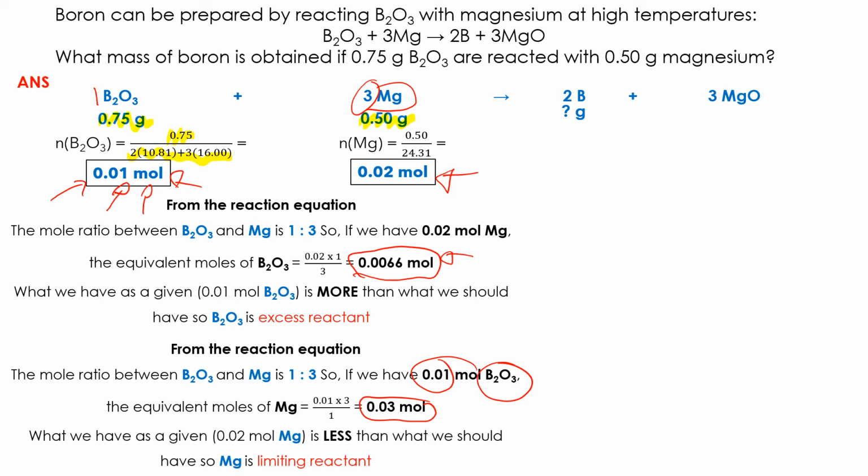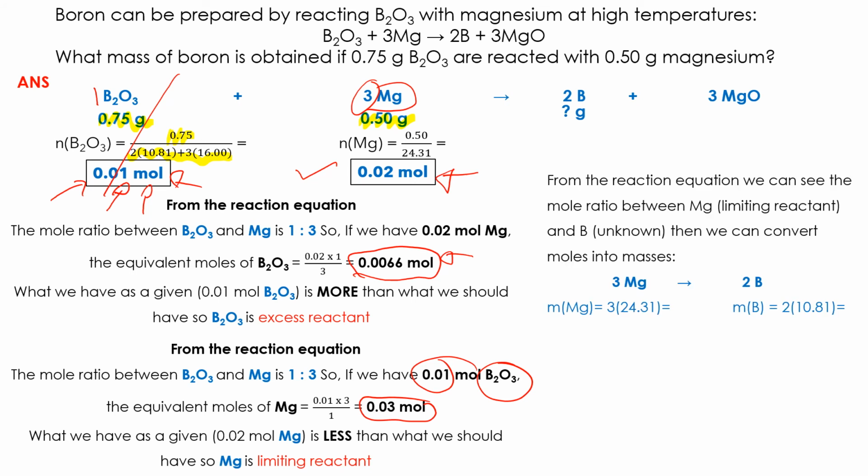So now I have to be sure that Mg is the limiting reactant and B2O3 is the excess reactant. Based on that, I should not consider B2O3 in my calculations, otherwise it will give me a wrong answer. I have to use Mg because this is the limiting reactant.